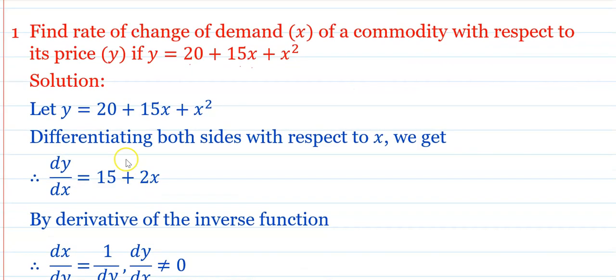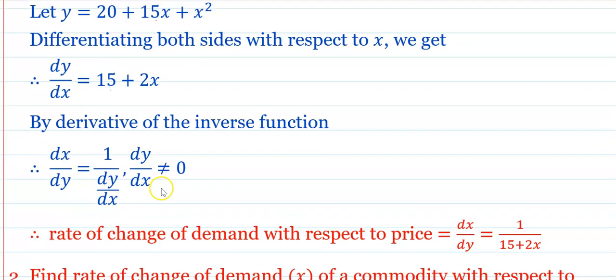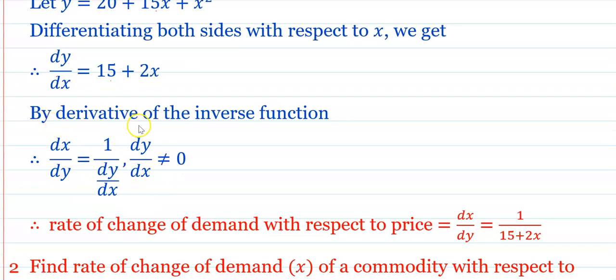And hence, let y is equal to 20 plus 15x plus x square, differentiating both the sides with respect to x. Therefore, dy by dx, derivative of 20 is 0. Derivative of 15x, derivative of x is 1, therefore it is 15. Derivative of x square is 2x. And hence, by the derivative of the inverse function, dx upon dy is equal to 1 upon dy by dx, where dy by dx is not equal to 0.